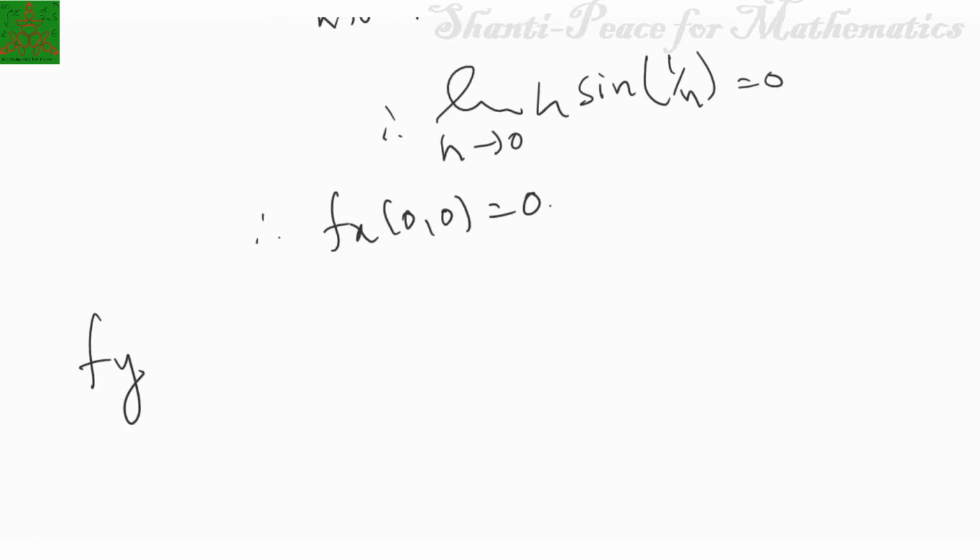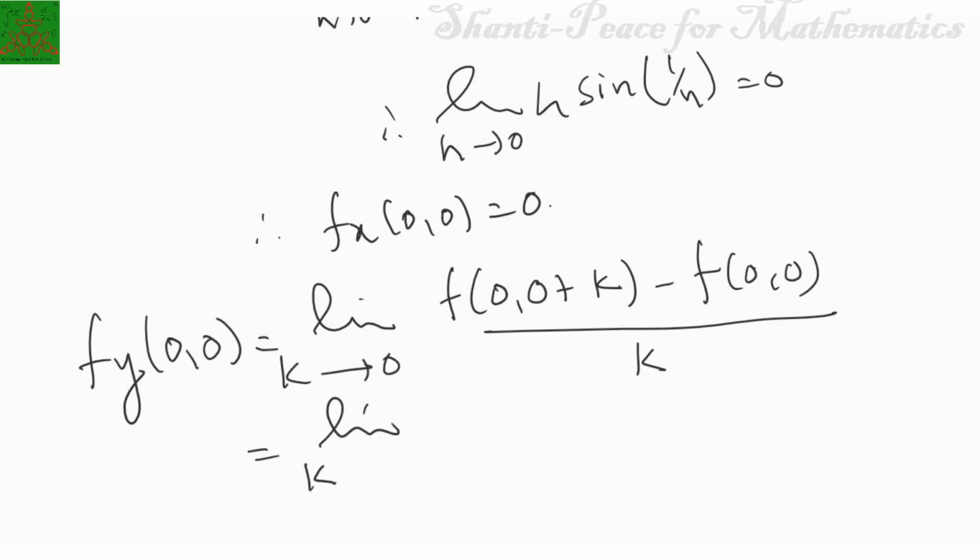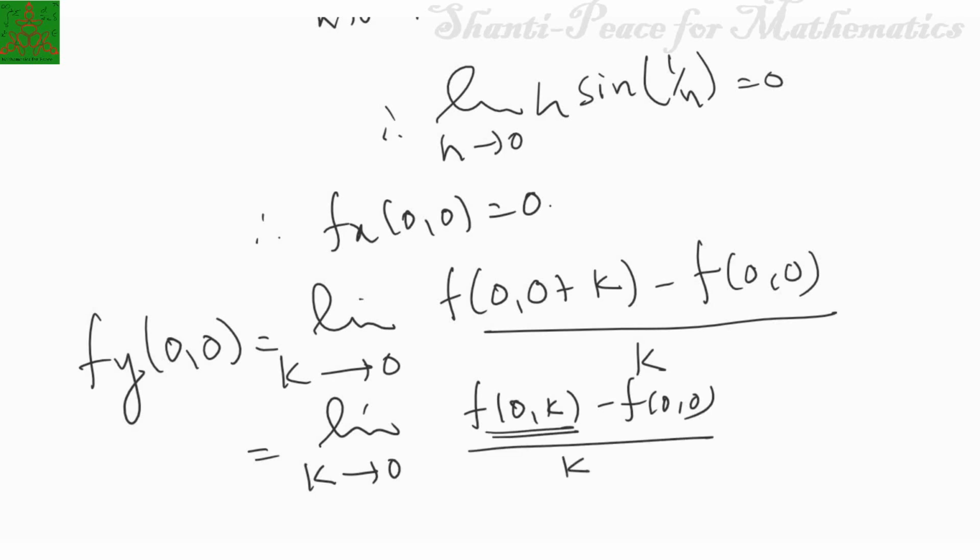Same way, fy at (0,0) we will write as the limit of f(0,0+k) minus f(0,0) upon k as k tends to 0. This is f(0,k) minus f(0,0). Here, this tells you that y is non-zero.